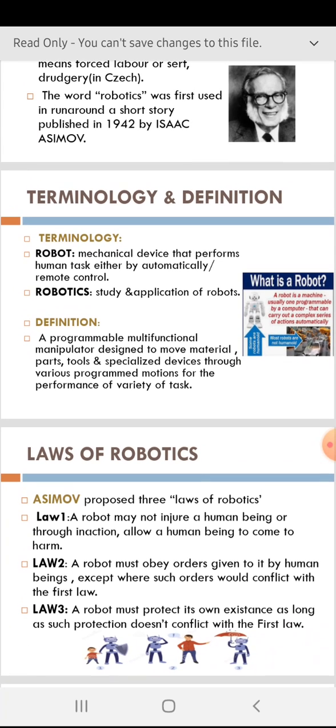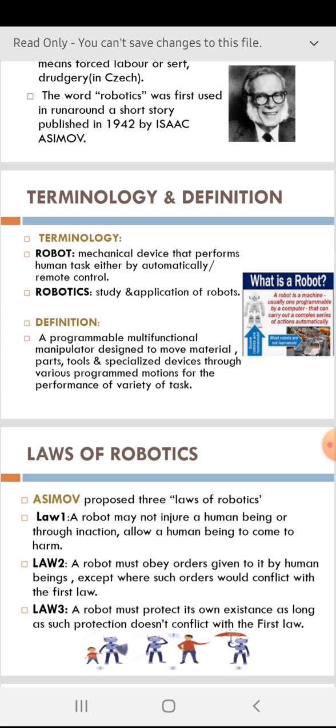Now we have the laws of robots. There are 3 laws of robots proposed by Asimov. Law 1: a robot may not injure a human being or, through inaction, allow a human being to come to harm.